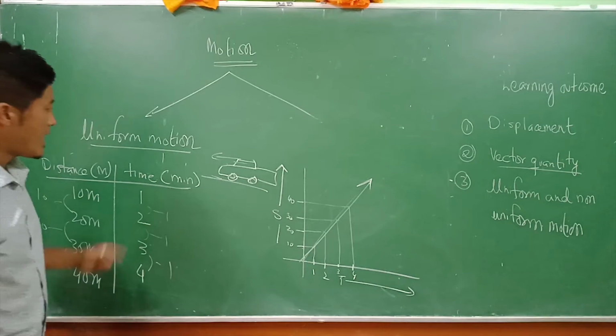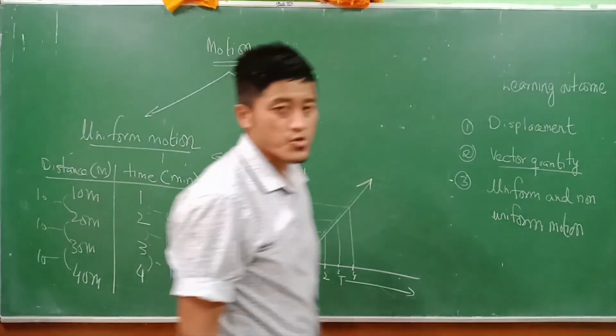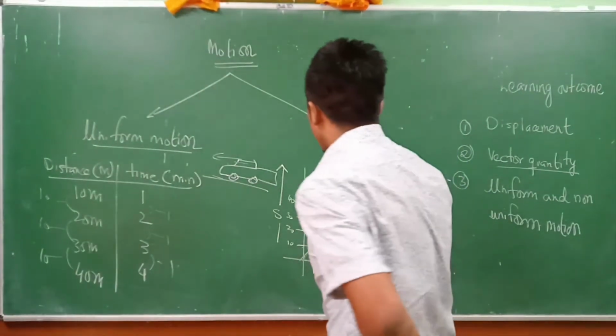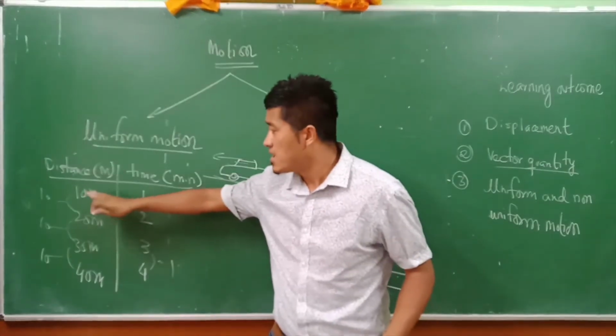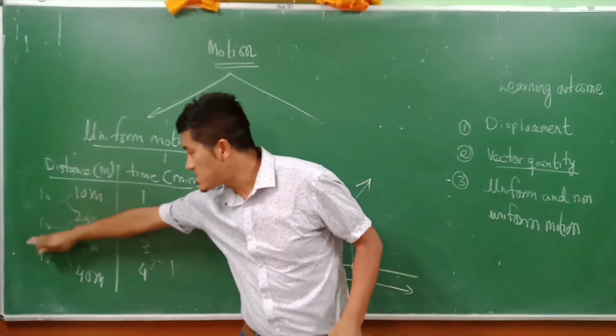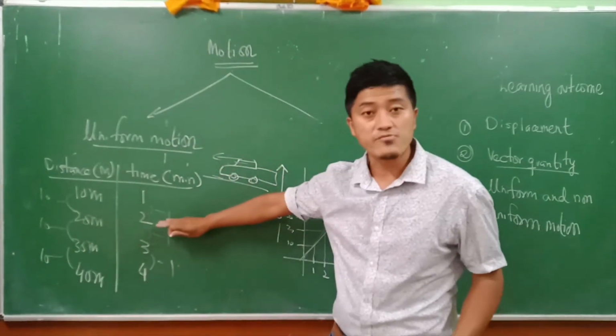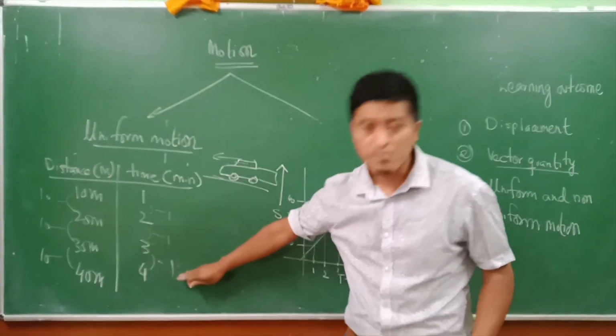Understand? And how do we define uniform motion? When an object covers equal distance, that is 10, 10, 10, in equal intervals of time, that is 1 minute, 1 minute, 1 minute.